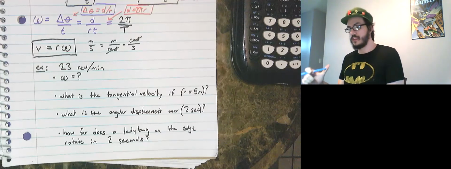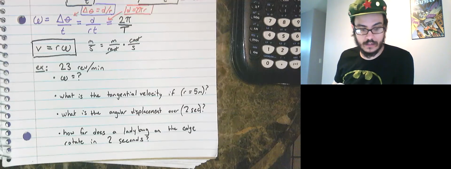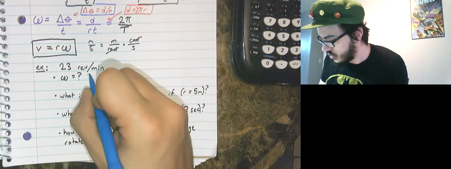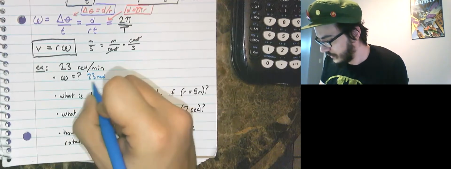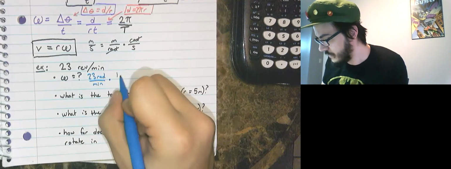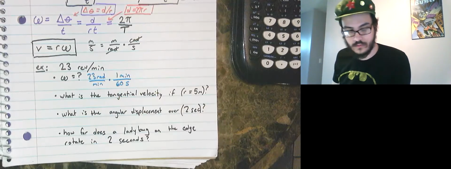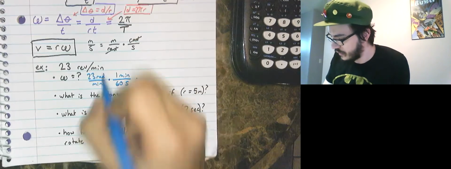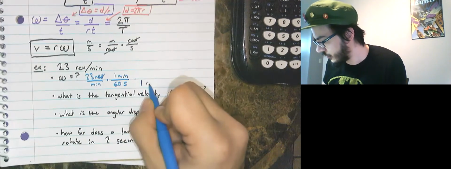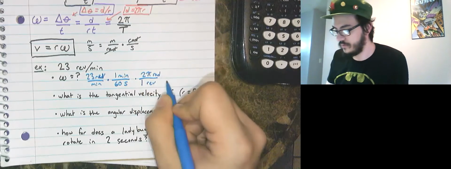All right. To convert 23 revolutions per minute to radians per second is trivial. 23 revolutions per minute. In 1 minute, there are 60 seconds. And I realize I screwed that up there. And in 1 revolution, there are 2 pi radians.